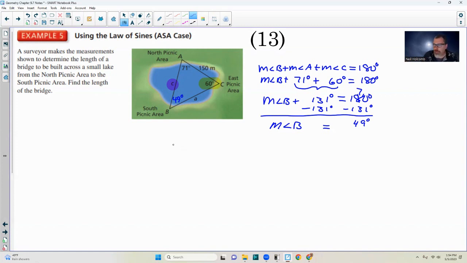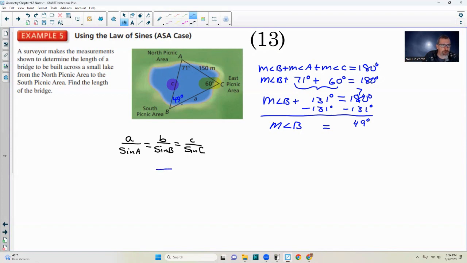Okay, so now we found B. So we know angle B and we know side B, that's our middle ratio. And we're trying to find the length of a bridge, that's a side. So put what you're trying to find in the numerator over the sine of the angle, equals B over the sine of the angle, equals side C over the sine of the opposite angle. And there it is. Substitute the givens.